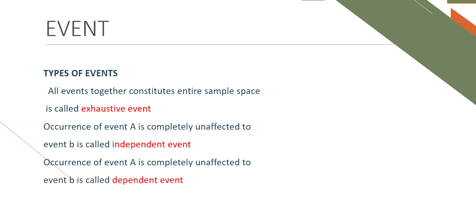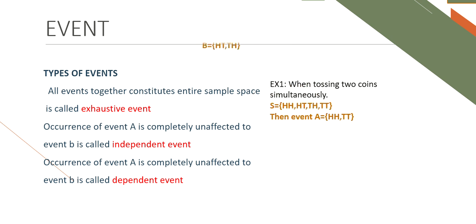If A occurs and it affects B, that is dependent, meaning affected. I have written unaffected here, please change it to affects B. So it is a dependent event. Take the same example, tossing a coin: event A occurs, event B occurs.